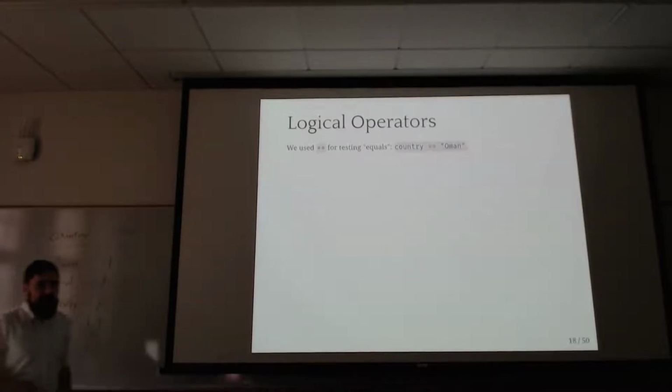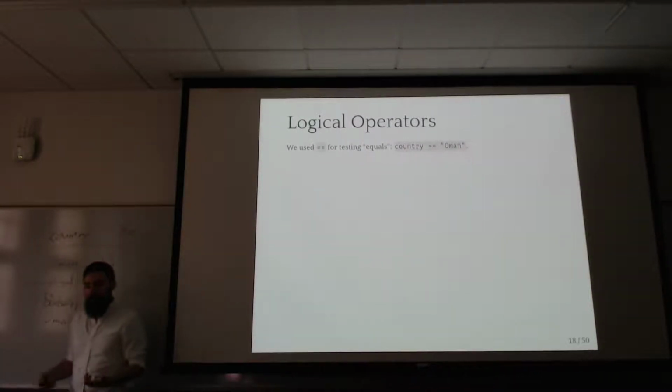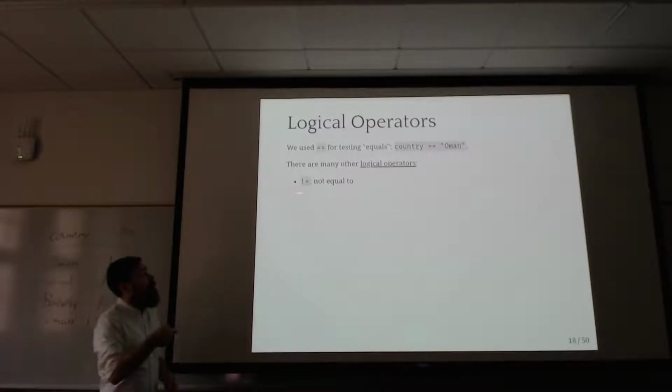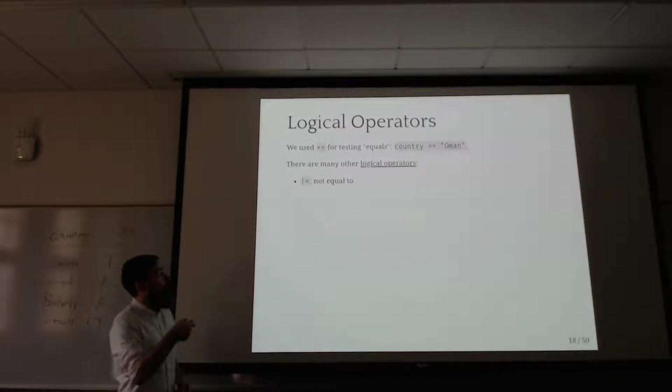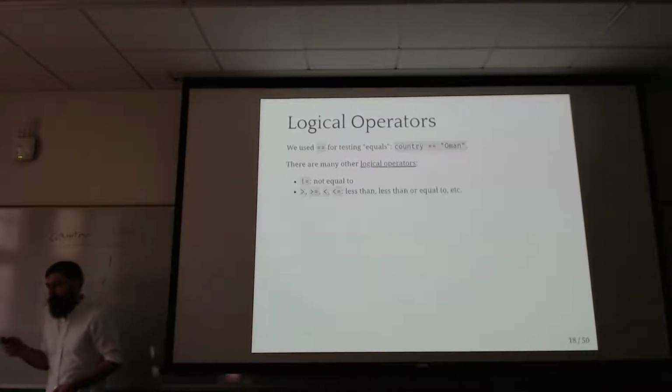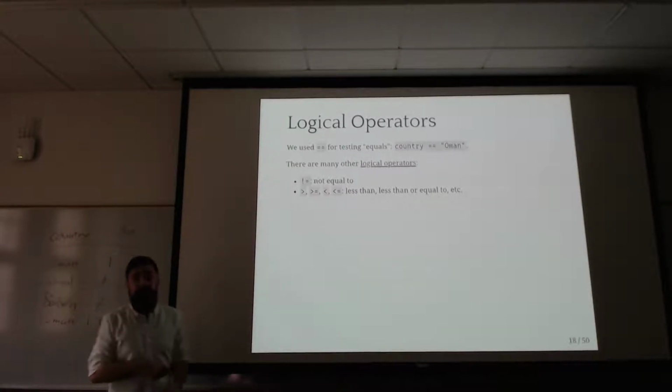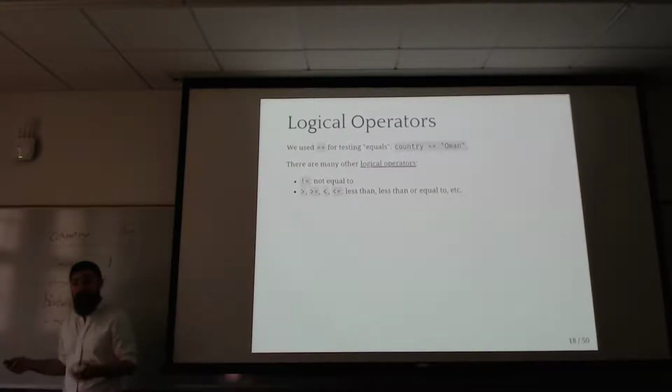Okay. There's all sorts of other logical operators that we can use to get things done. So there is a not equal to, so instead of equals, you do bang equals or exclamation point equals. There are greater than, equal to, less than or equal to for numeric comparisons.